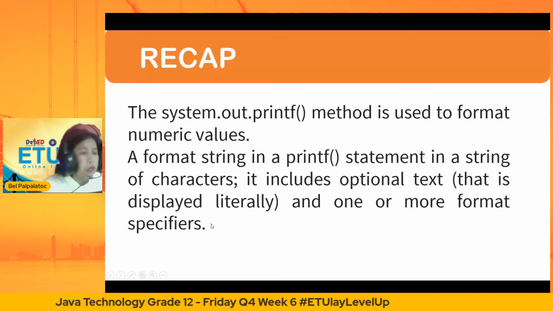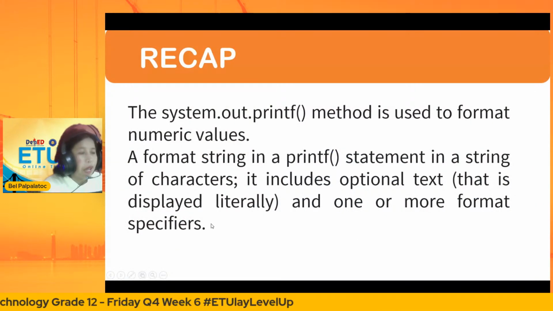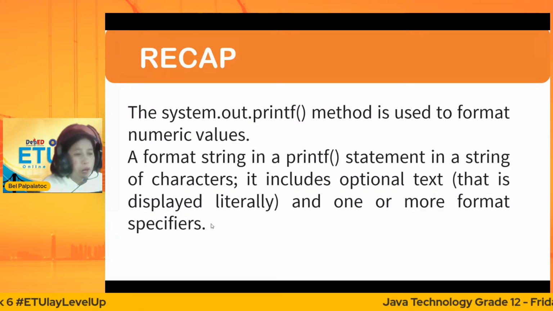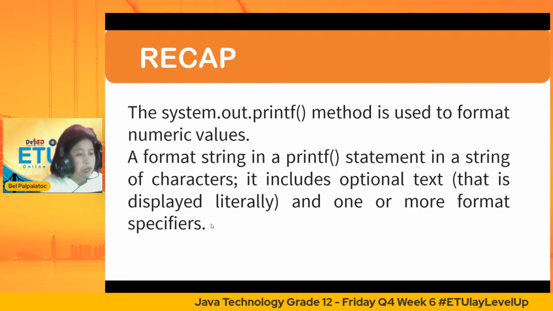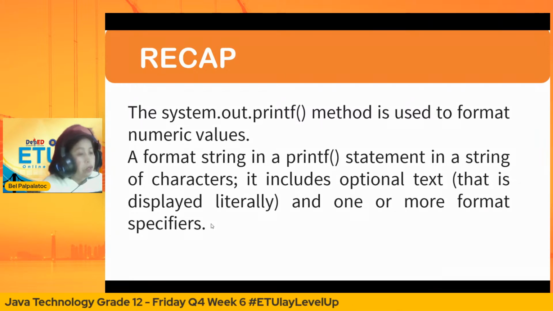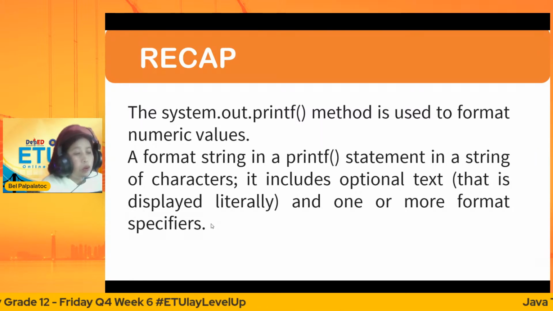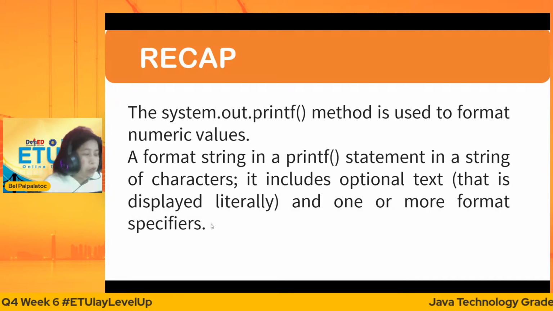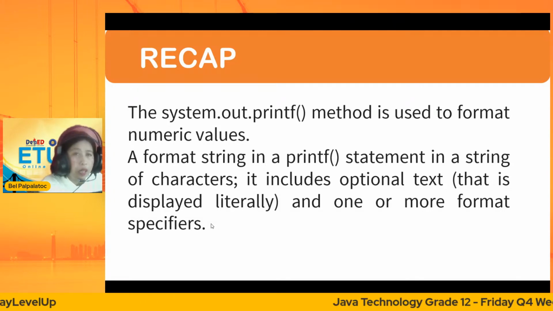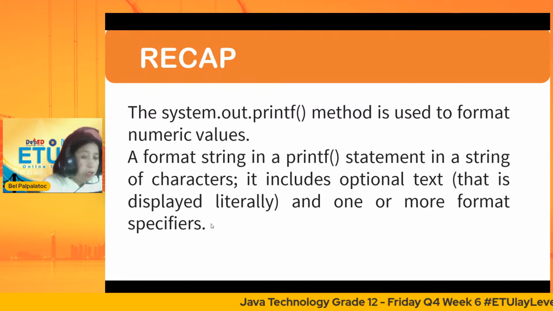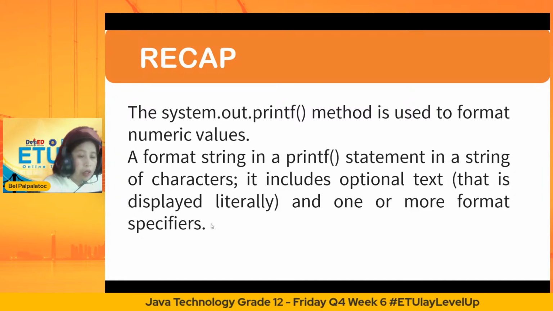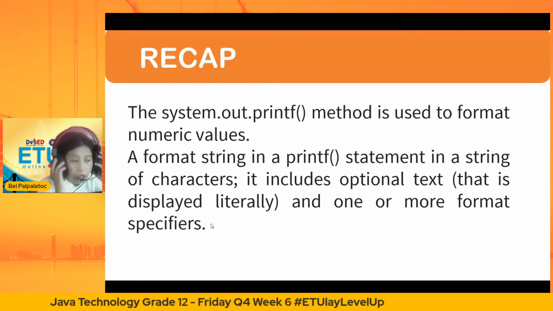Okay, so yun na po, no? So the System.out.printf is actually used to format numeric values. So the format string in a printf statement is a string of characters, it includes optional text, which is actually displayed literally, and one or more format specifiers. So when you say format specifier, this is actually the number sign, yung pound sign, the dollar sign, no, period, and then the comma.